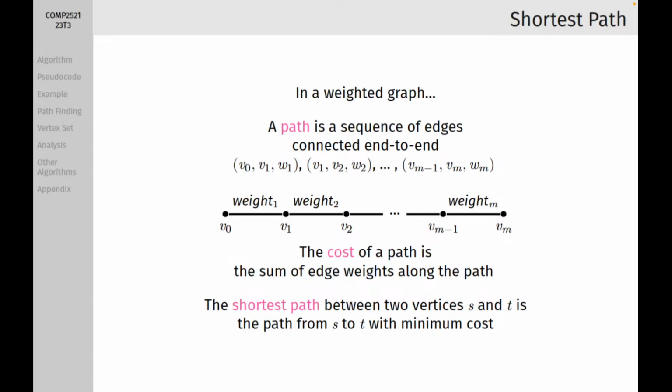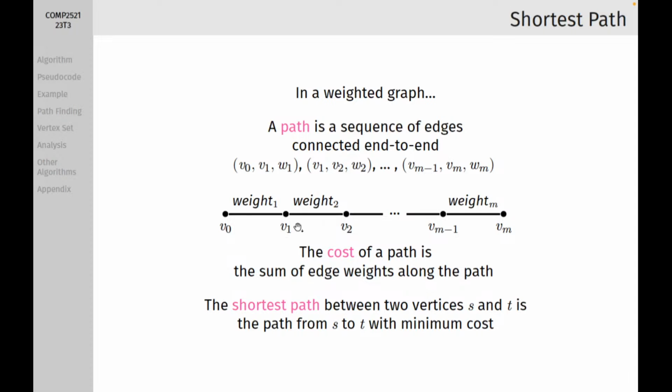All right, so first of all, Dijkstra's algorithm is used to solve the shortest path problem in a weighted graph. Remember that a path is just a sequence of edges connected end to end. So here's an example path, V0 to V1 to V2 and so on, and each edge is weighted. And the cost of a path is the sum of edge weights along the path.